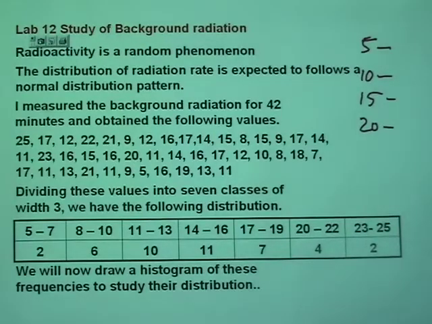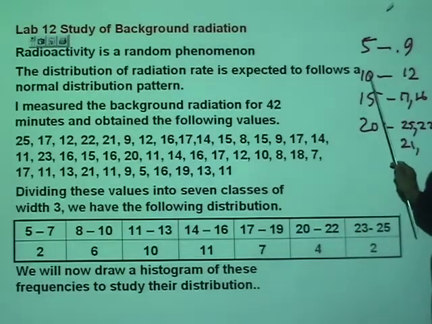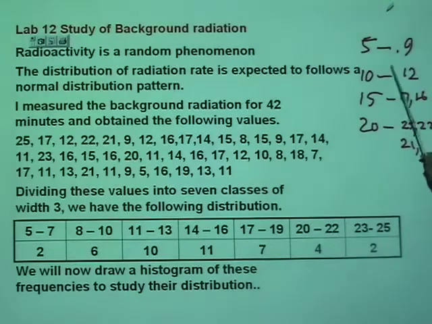I sort of classified like that, and when I take each number, 25, I write 25 here, 17 I write here, 22 I write here, then 21 here, 9 I write in the top one, 12 comes here, 16 is here. You look at the way I'm dividing these. I said how many are above 5 and below 10. All those I will write here.